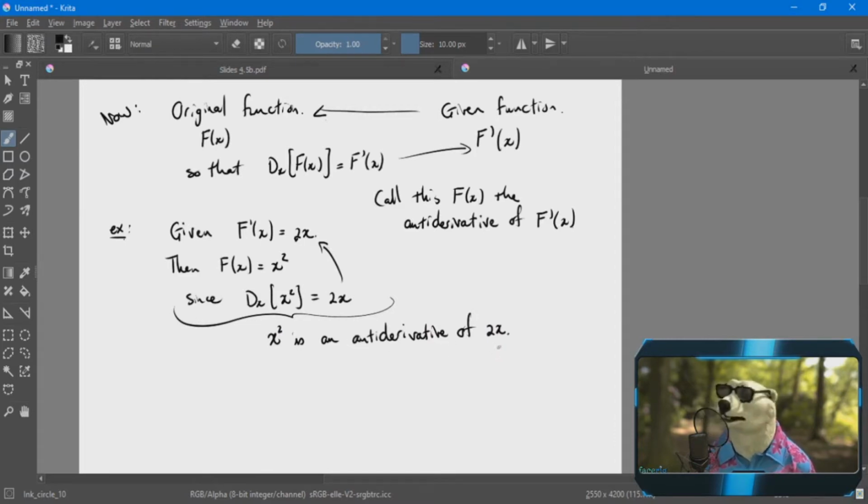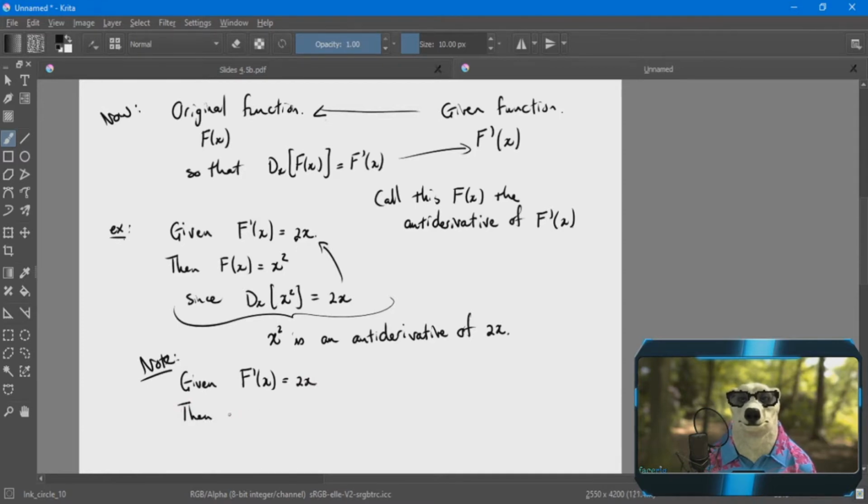So the answer to the derivative question is 2x. What function could it have come from? X squared is one option, but it's not the only option. Again, we could be given that the answer to a derivative question is 2x.